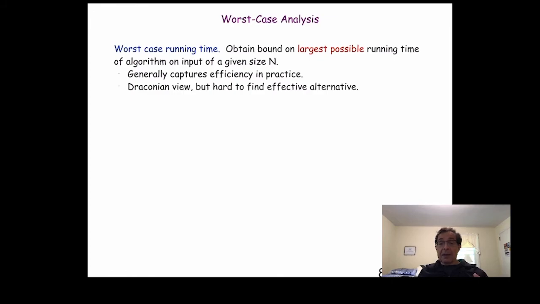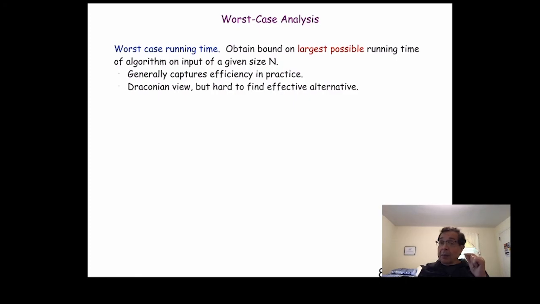And then if that worst case presents itself with some frequency, then the algorithm would give indeed a poor performance. So a conservative point of view is a safe one, and that's why we would like to take a conservative point of view and find an upper bound for the running time of an algorithm.